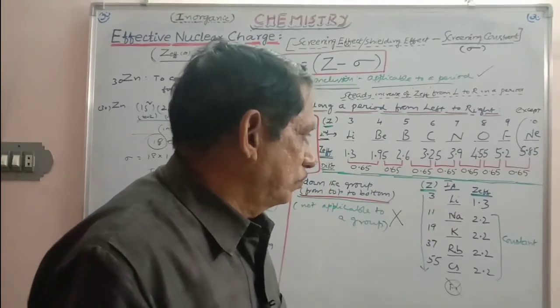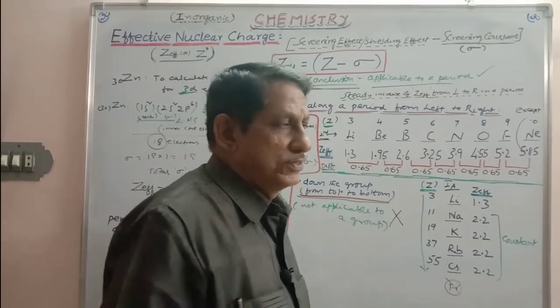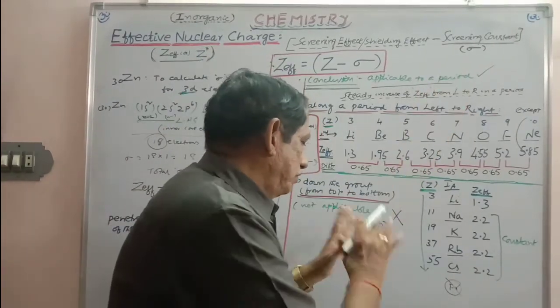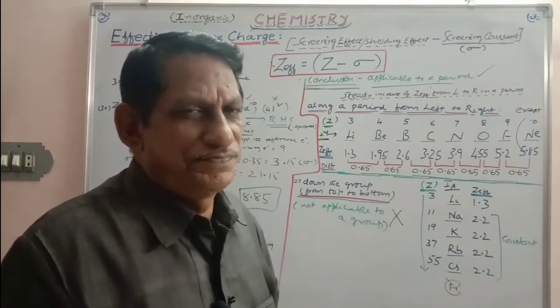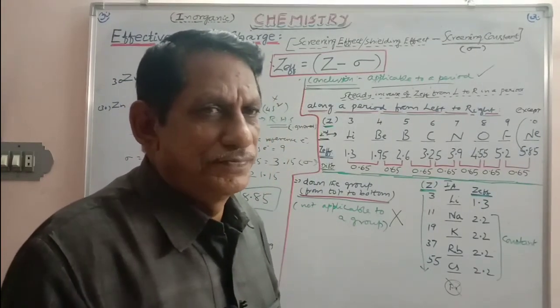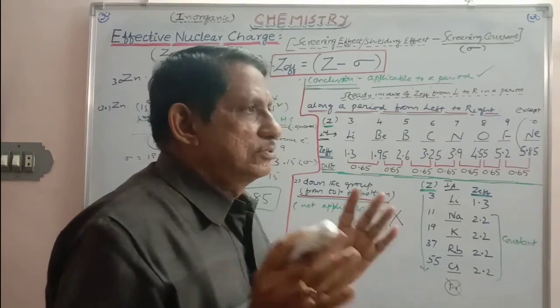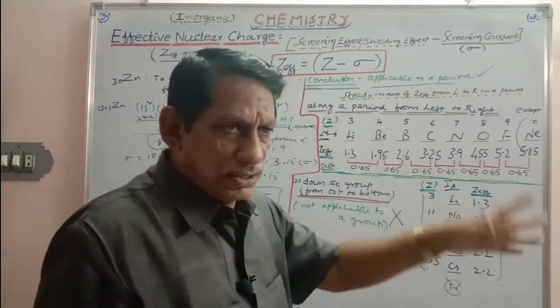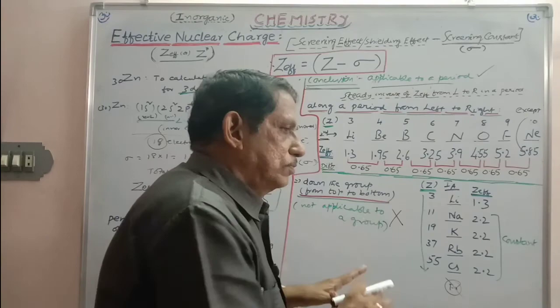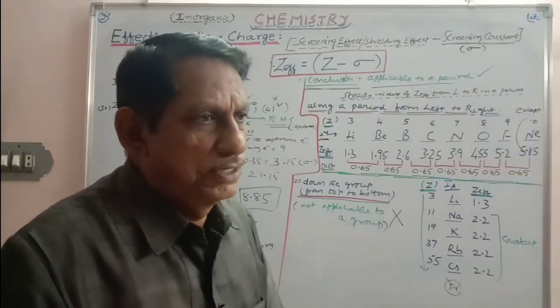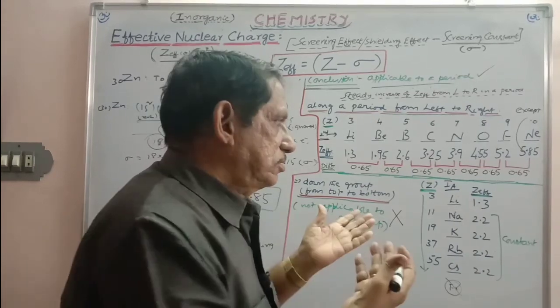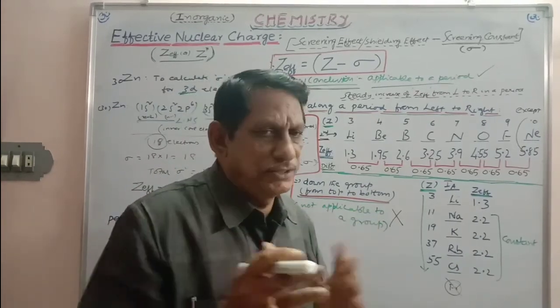In the case of a group, it may be empirical, not completely applicable. So this is the conclusion you can give: it is applicable to a period, it is not applicable to a group. Whenever a group is studied, you have to take another concept to explain the periodicity.